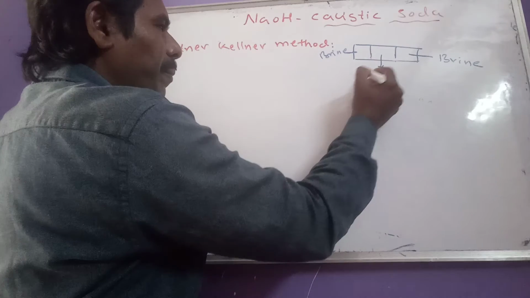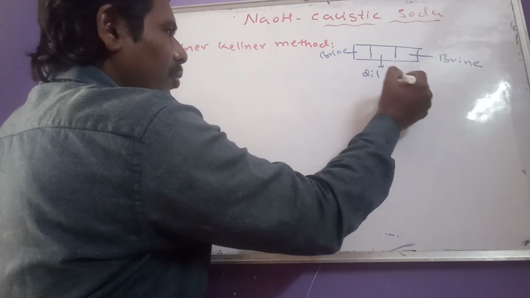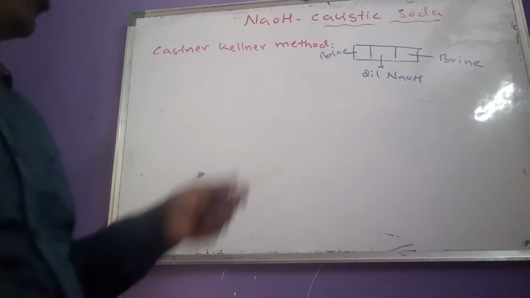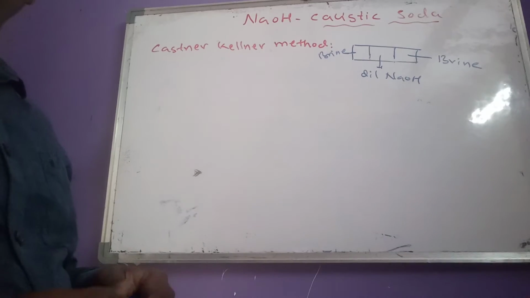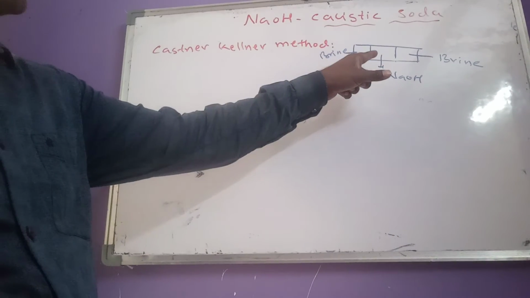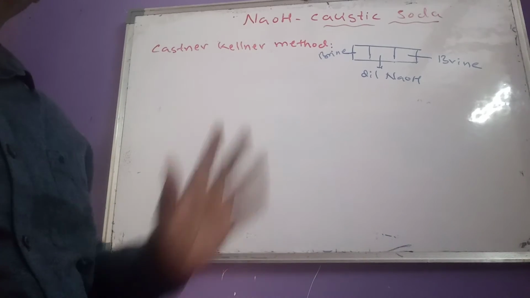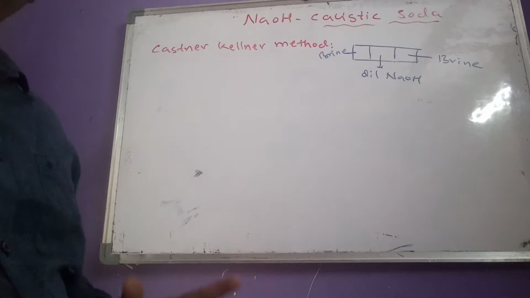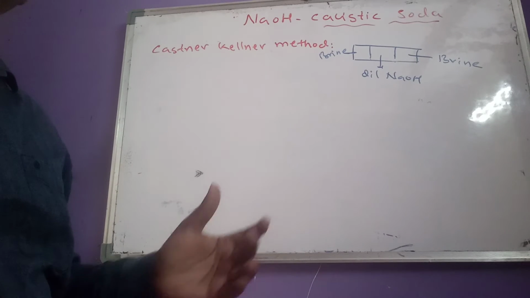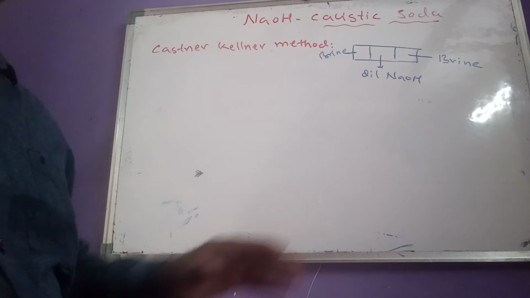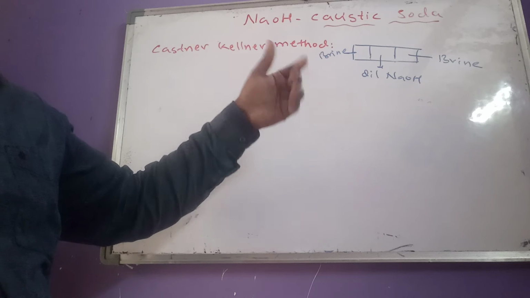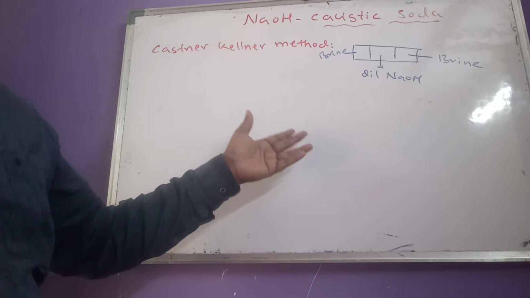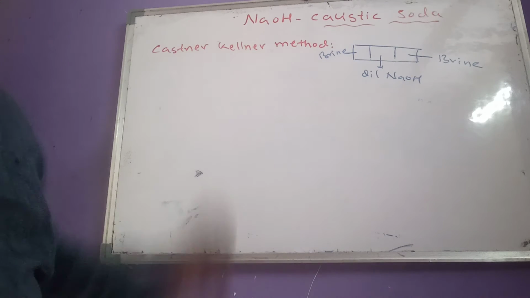Into the middle compartment we have to take dilute NaOH. Actually we want to prepare NaOH only, but again we are taking dilute NaOH in the middle compartment. What is the role of this dilute NaOH? It acts as a seeding agent. That means it can direct the reactions of this electrolysis process towards the formation of NaOH.